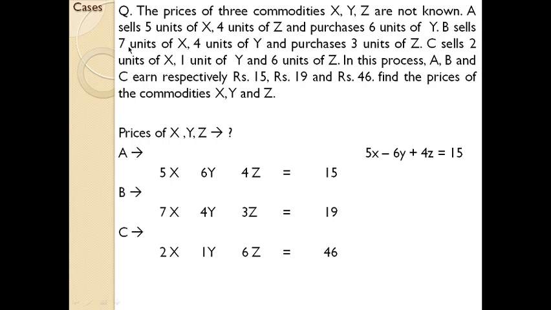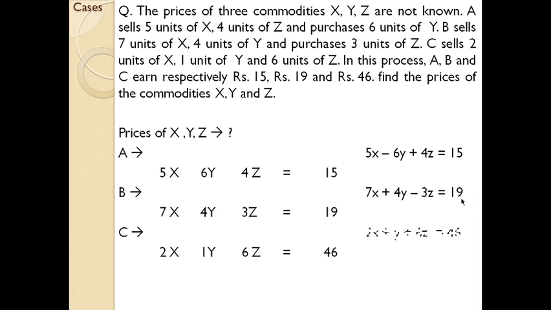B sells 7 units of X and 4 units of Y and purchases 3 units of Z. See, B sells 7 units of X, so plus 7X, 4 units of Y, so it is plus 4Y, and finally purchases 3 units of Z. Since it is a purchase, there is a decrease in income, so minus 3Z equal to 19.